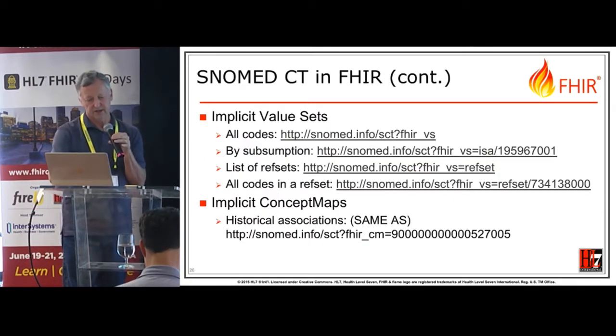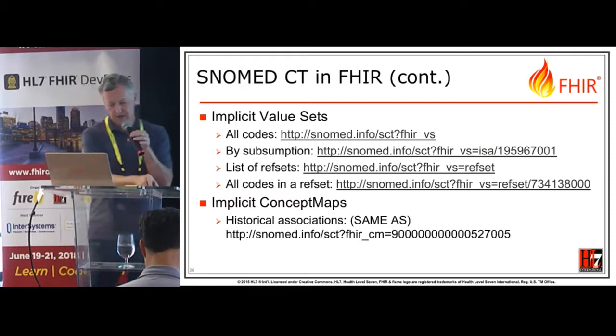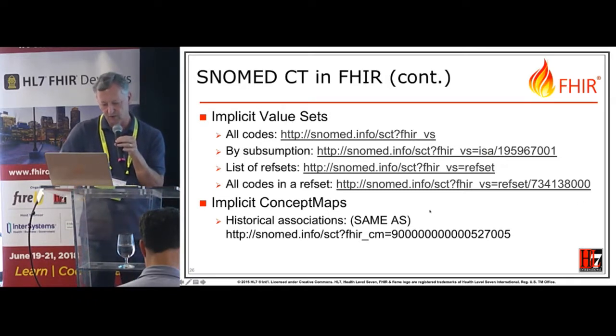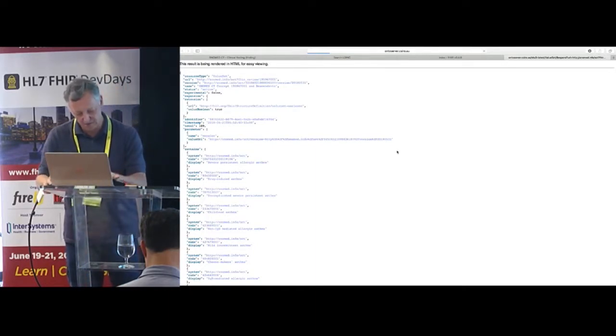All right. And there are the implicit value sets and implicit concept maps. And I'm just going to quickly show one of these. And I know we're running short on time, but this we make a lot bigger. Should be able to do that.